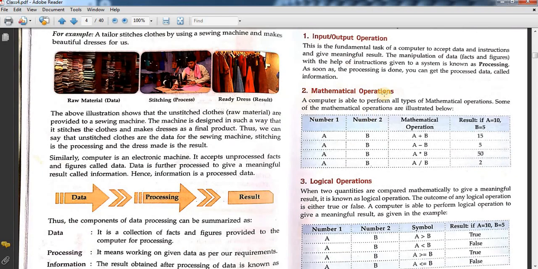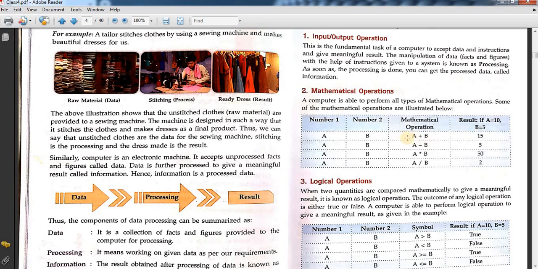Now mathematical operations. It can do various mathematical operations like addition, subtraction, multiplication, division. First of all you have to give the numbers, suppose a and b. If you want to add the two numbers, the expression will be a plus b. Suppose the result is 15 when a is equal to 10 and b is equal to 5.